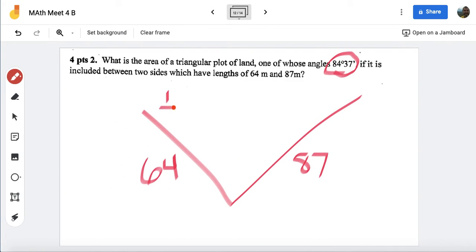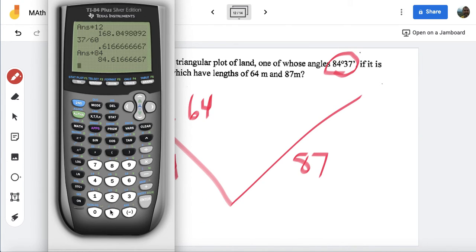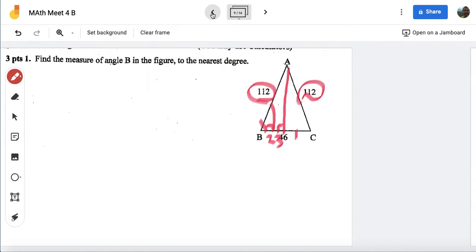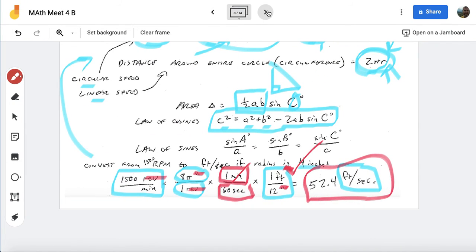1/2 times 64 times 87 times, what was it, sine or cosine? I forgot. I've been teaching math too long. Area is sine.